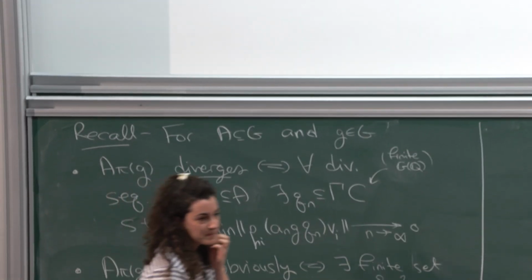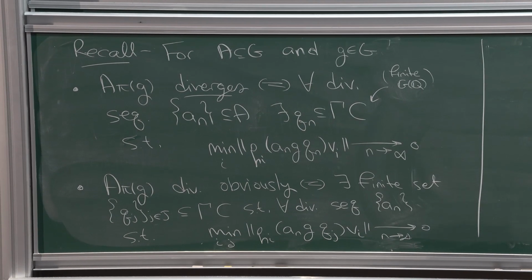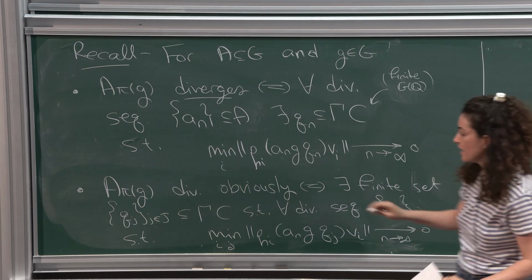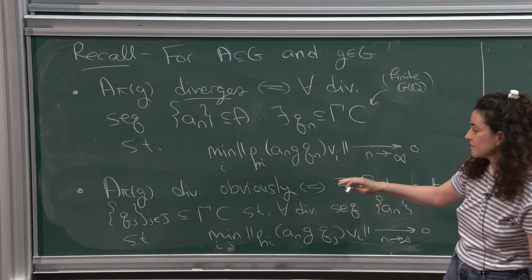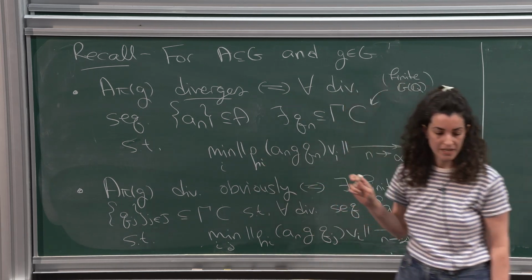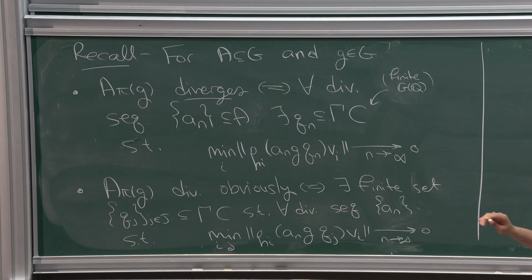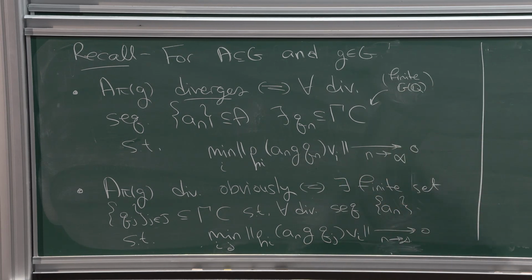So we had these two properties, and I want to emphasize what the difference between them is. The way you should think about these representations is as height functions. So you fix some fundamental domain.